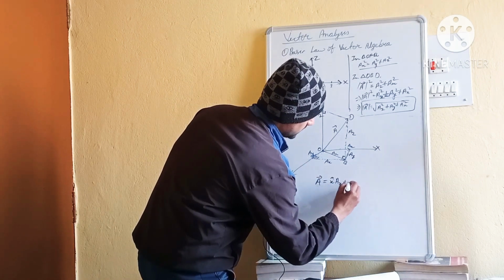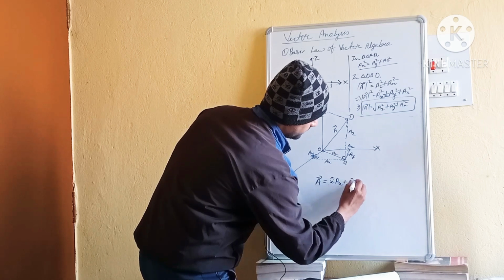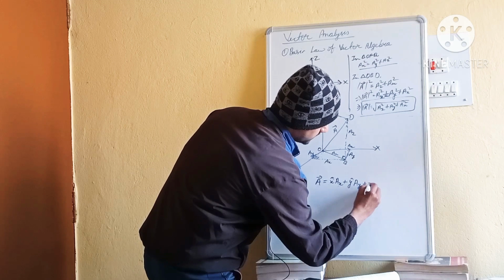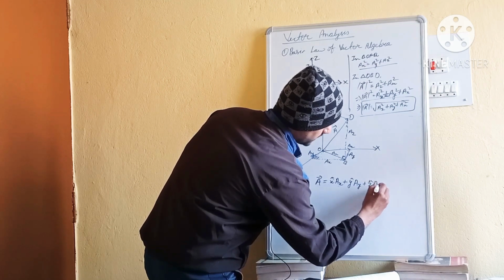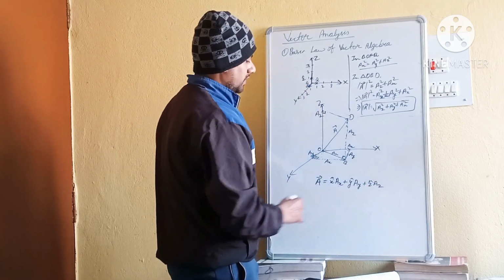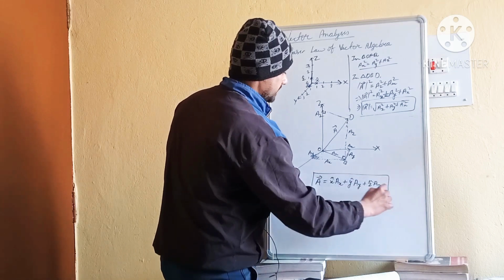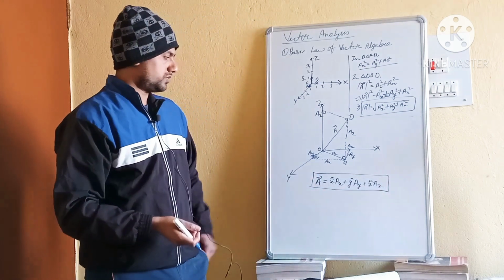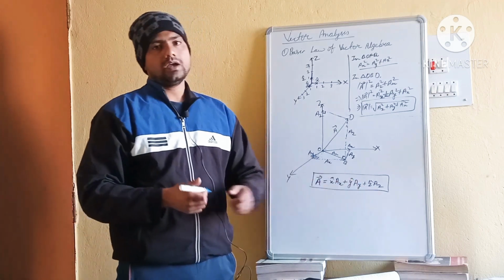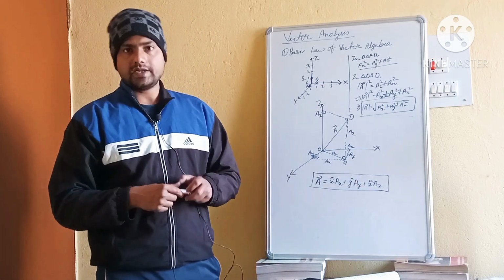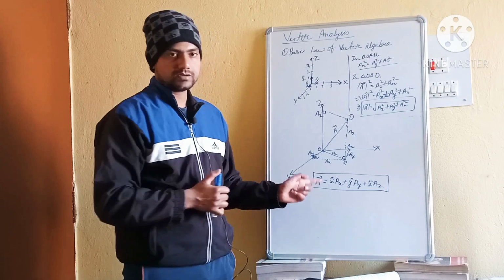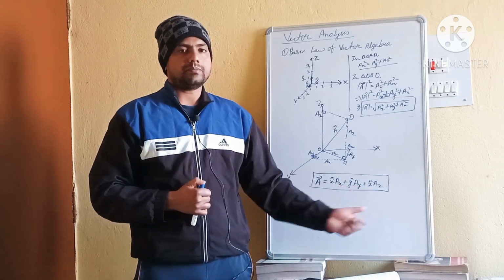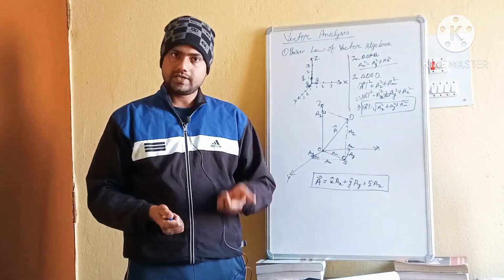Then we have y cap with ay, and then z cap with az. So this is the way we can represent the vector using its components. ax, ay and az are the three components along the three axes of vector A, and x cap, y cap and z cap are unit vectors along the three axes.